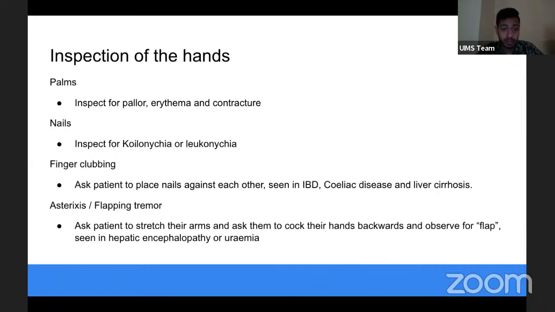Finger clubbing. So finger clubbing, we usually ask how do we assess for finger clubbing? So we ask the patient to place their nail alongside another nail, as I'm showing you here. And what usually happens is finger clubbing usually involves uniform soft tissue swelling of the terminal phalanx of a digit.